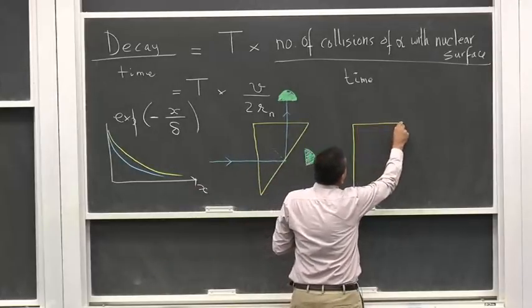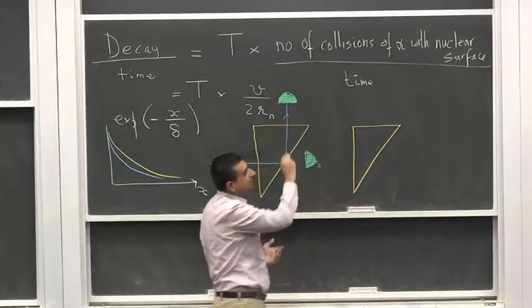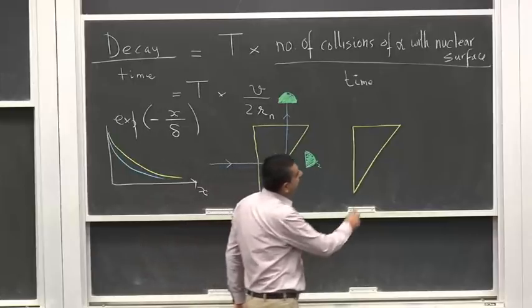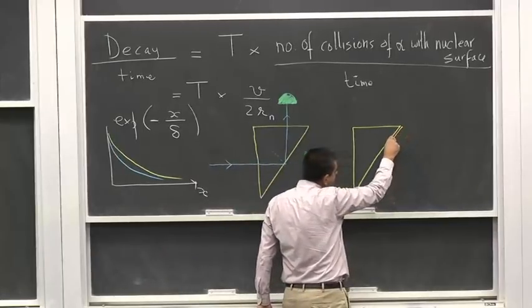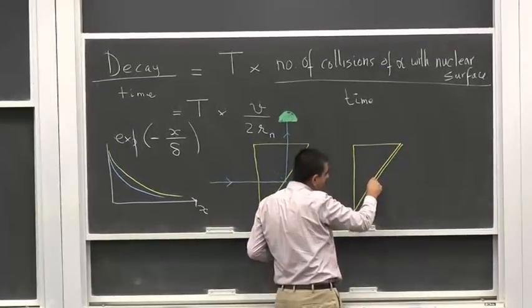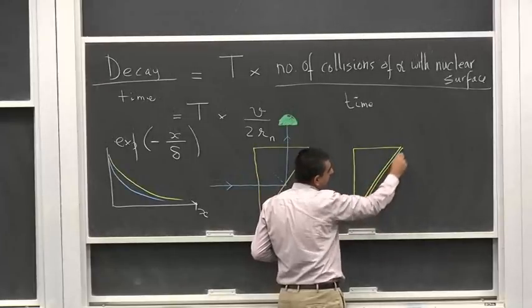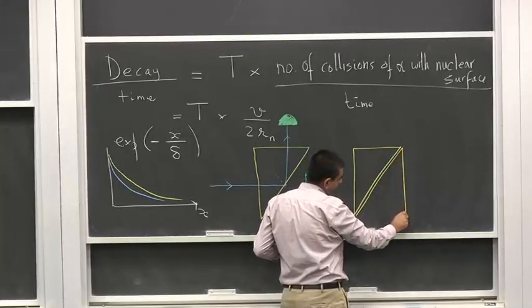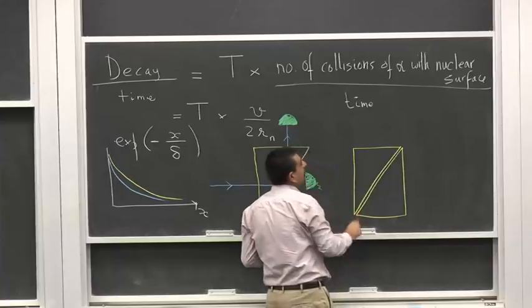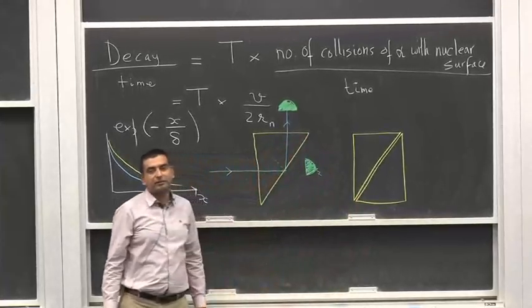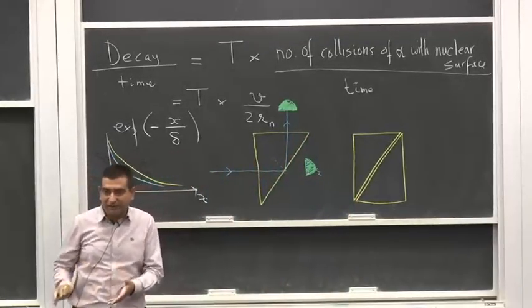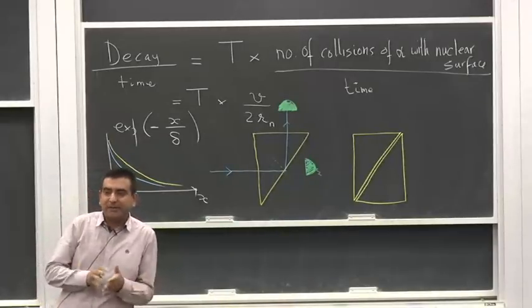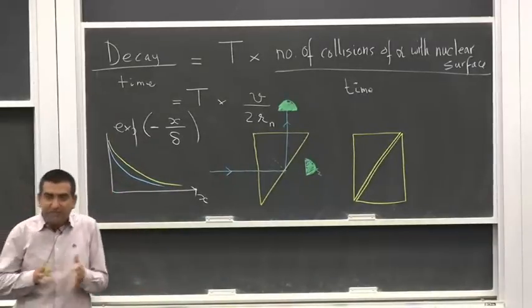Now let's look at another arrangement. I have one prism like this, and I have another prism, which is not joined or conjoined to the first prism, but it's extremely close.